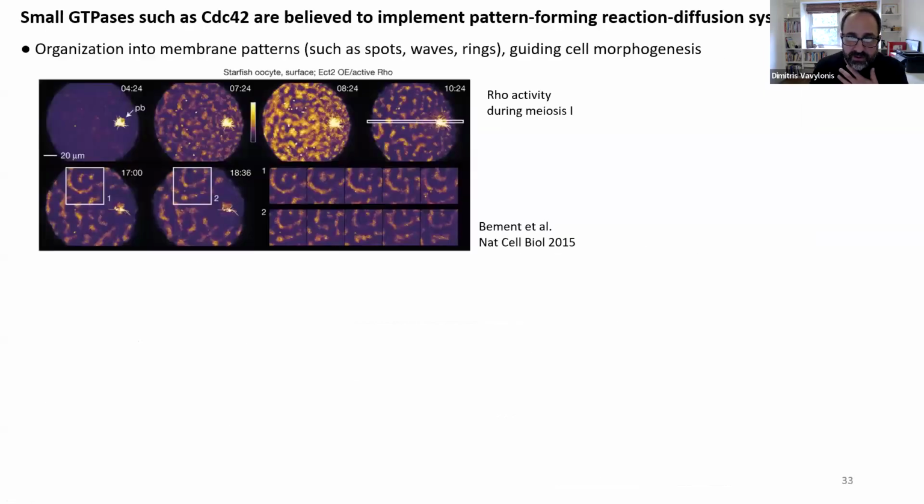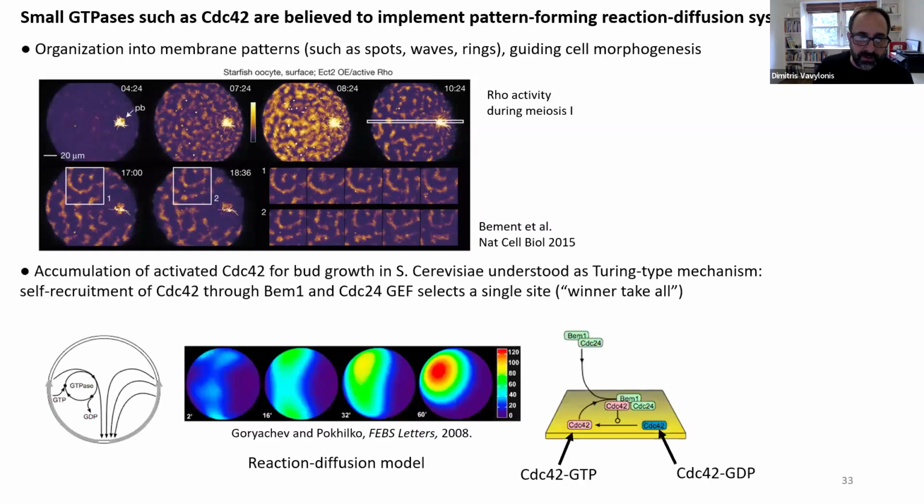Okay, this process is thought to be an example of a Turing type pattern formation mechanism, and this is more general, relevant for small GTPases. So this is an example of patterning during morphogenesis in oocytes.